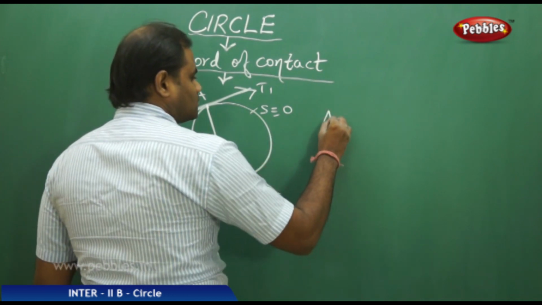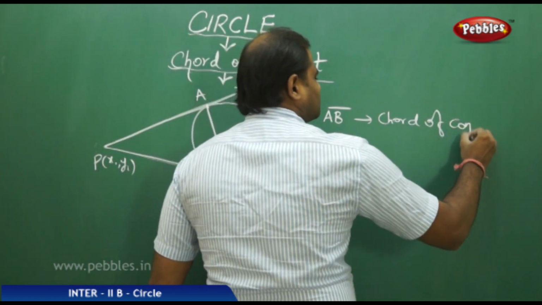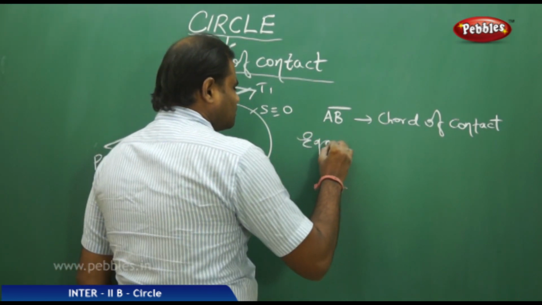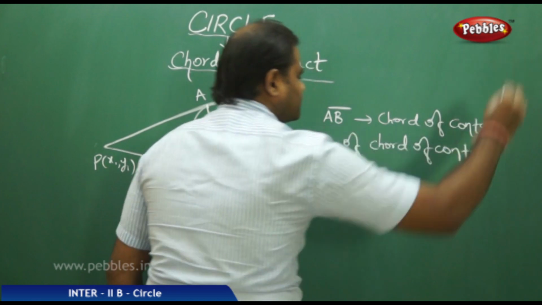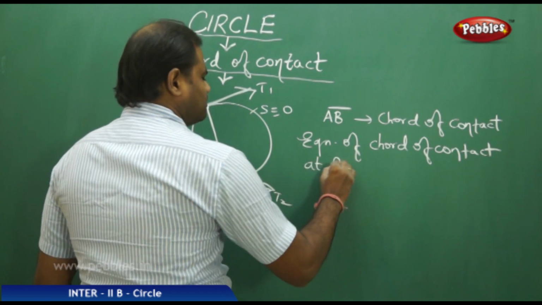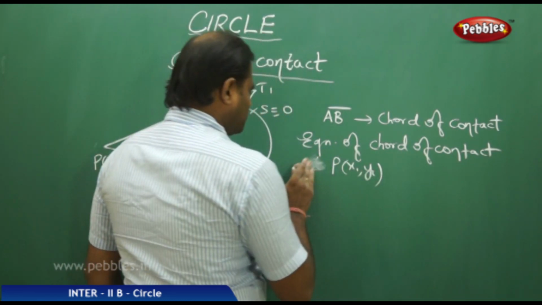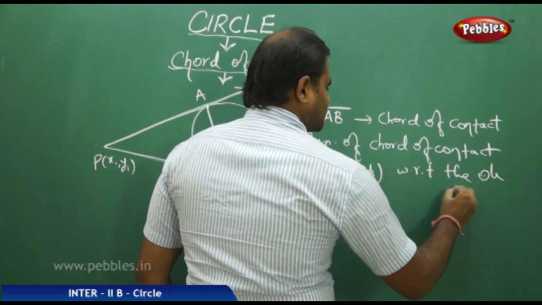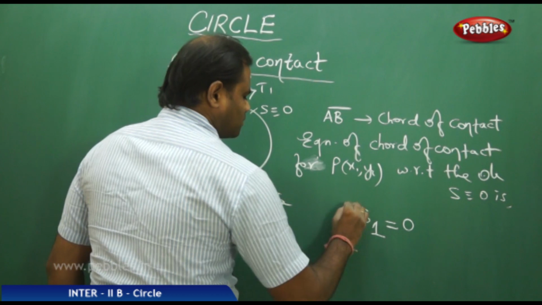So this is called the chord of contact. And the equation of chord of contact at P(x1, y1) with respect to the circle S equal to 0 is given by S1 equals 0.